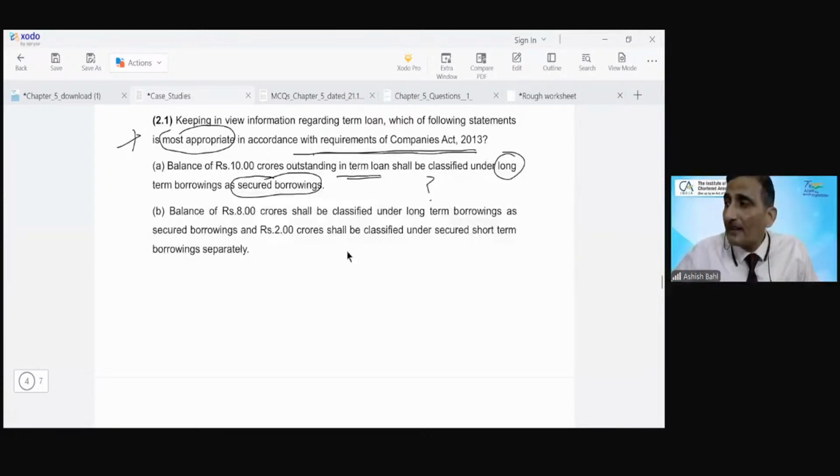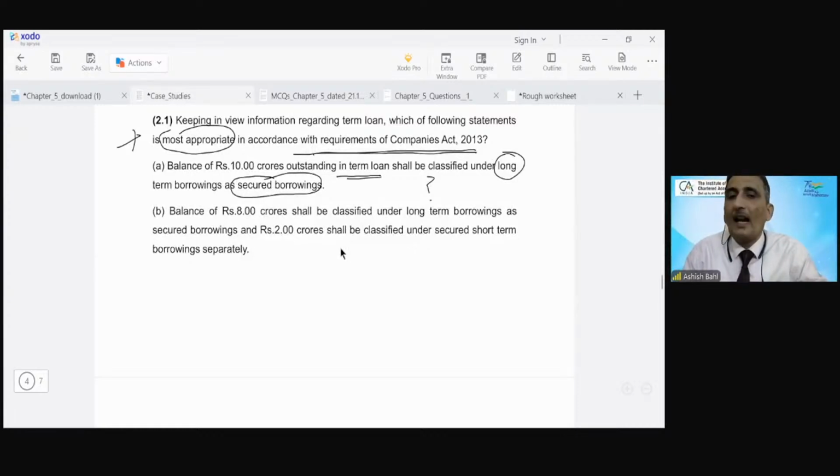So always, students, always read all the options. Even if at first glance you know that this is the right answer, still make a habit to read at least once all the 4 options. Okay. Now B is balance of 8 crores shall be classified under long term borrowings as secured borrowings, and 2 crores should be classified as under secured short term borrowings separately.